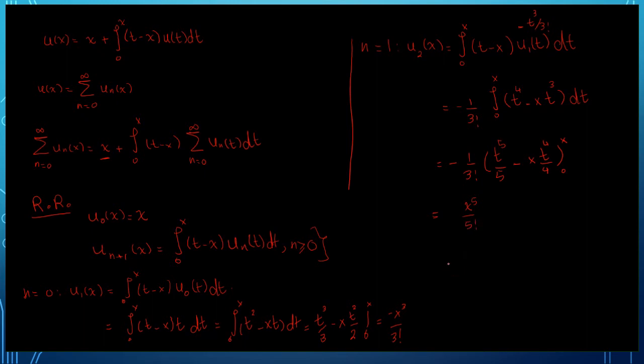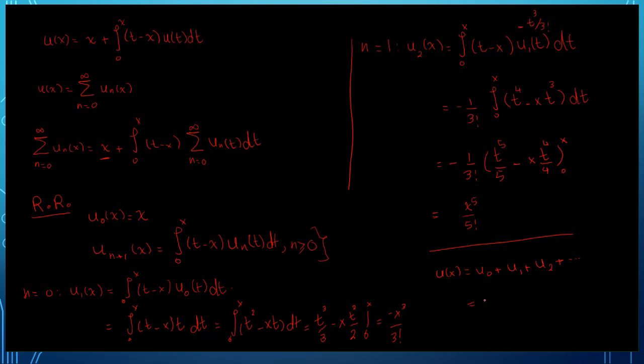And then we now have 3 components. Let's see if we can really reach the answer or not. U of x equal to u0 plus u1 plus u2 plus and so on.